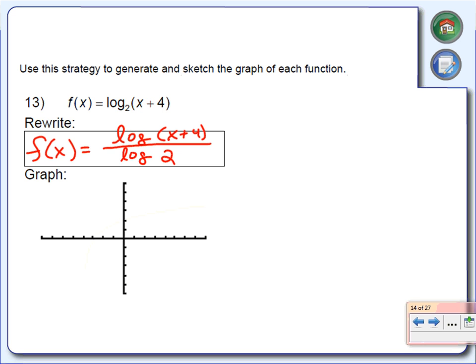So put that in your calculator. Put that in y equals and see what graph we're looking at. No intersection on this one. We're just graphing the log of x plus 4 divided by log of 2, and I want to see what the graph is going to look like.